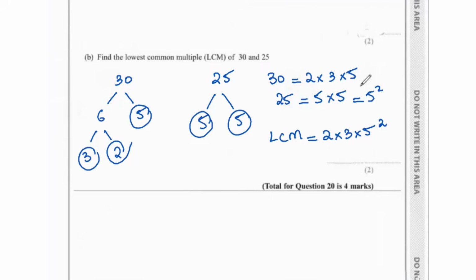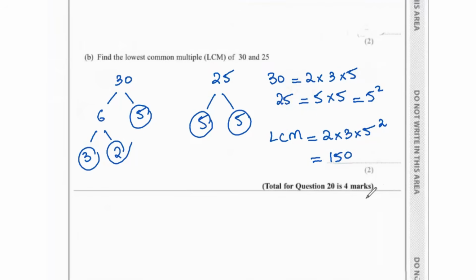For 5, 25 has more 5s, so that's why we write 5 squared. We don't write 5 cubed because we cannot combine the 5s from a different number. We stick to the 5s that are given in the same number. So 25 has 2 5s, whereas 30 has 1 5. So we write 2 5s, 5 squared. We don't write 1 5. So when you multiply these, that gives us 150.